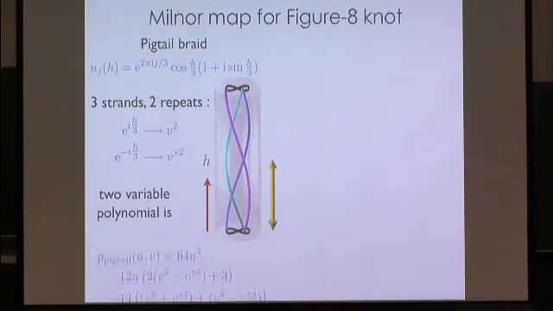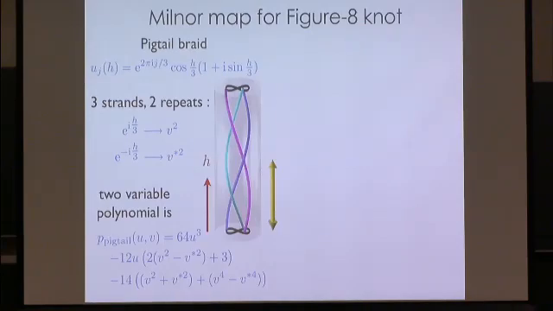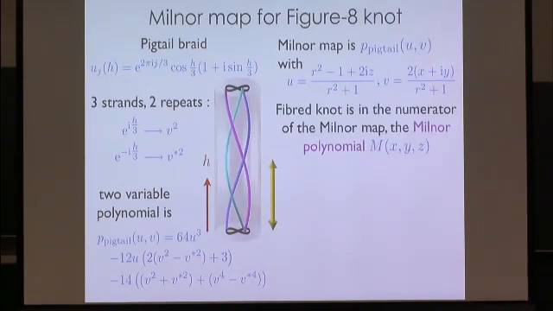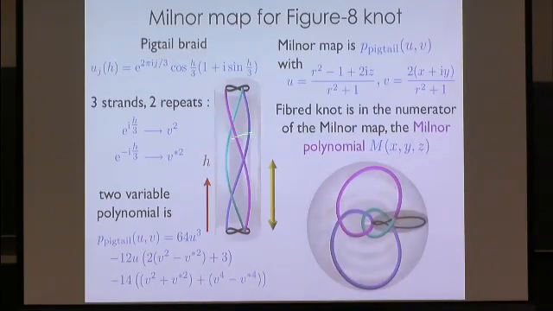So my two-variable polynomial doesn't just involve v, it involves the conjugate as well as u. This is the function that embeds this pigtail braid into this sort of braid space. But as I do this transformation into x, y, and z, I now get a function of x, y, and z with a knot along a line, and this is the figure-8 knot. So this is a way of constructing these functions to find these knots.